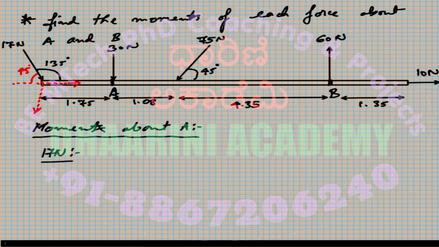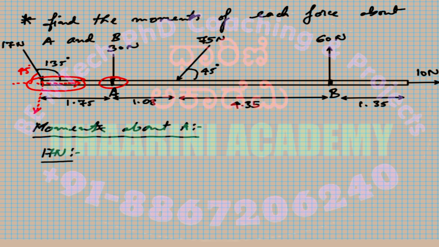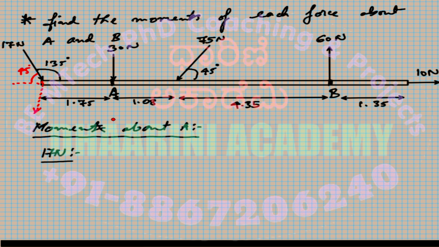Now you see that the x component is going to pass through A, so there is no moment because the x component passes through it. So I can only calculate the moment with respect to the y-axis component, right? So, what is the y component of this force?